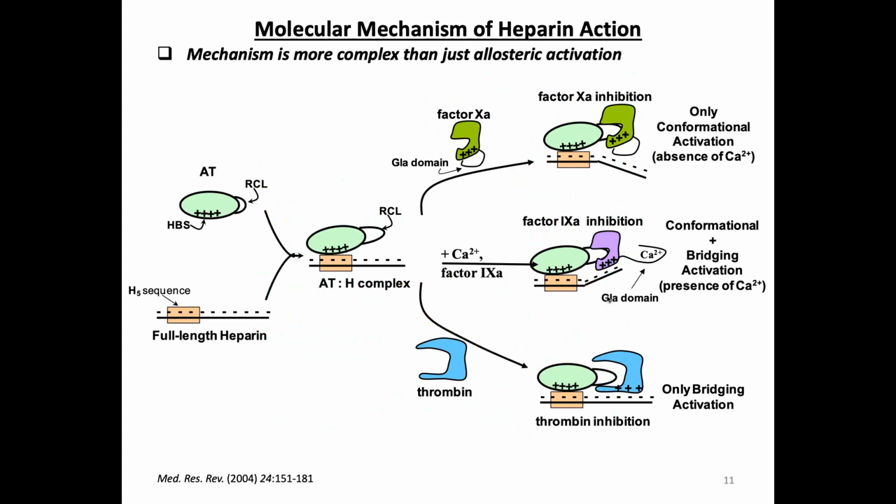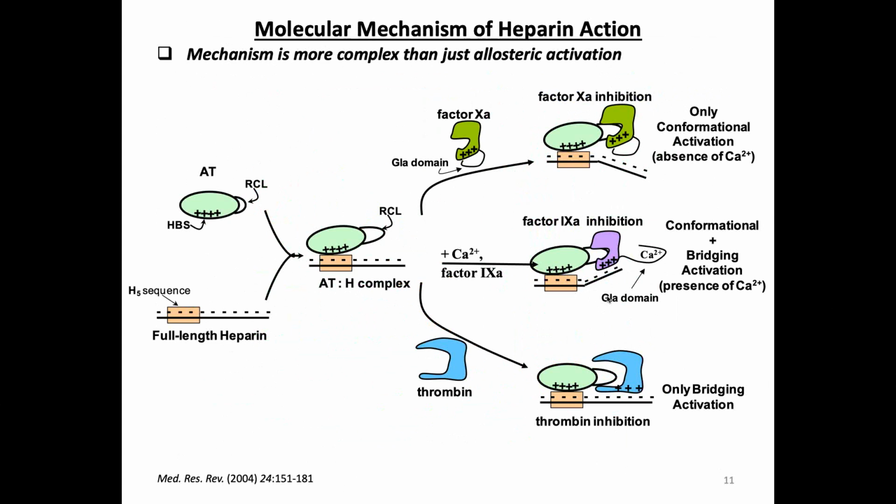So once again, I'm giving you a cartoon as to how heparin works as an anticoagulant. There are two major mechanisms that come into play. So this is heparin, and this is the pentasaccharide sequence, DEFGH or H5 sequence. This sequence binds to the heparin binding site of antithrombin, and the reactive center loop undergoes a conformational change in the complex.